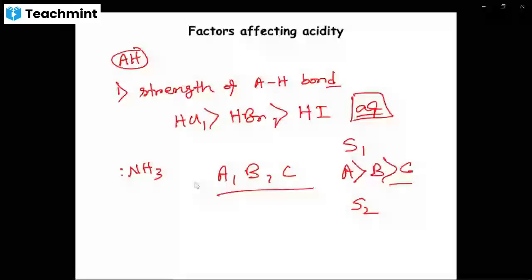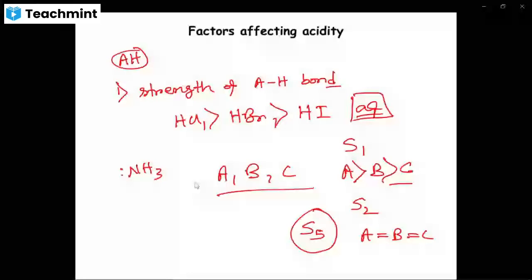Now you reach a solvent S5 where A, B, and C all behave equally. Irrespective of their chemical nature, their acidity becomes the same. So this S5 is called the leveling solvent for these three acids. A leveling solvent is such a solvent where all the acids we are comparing behave the same way.